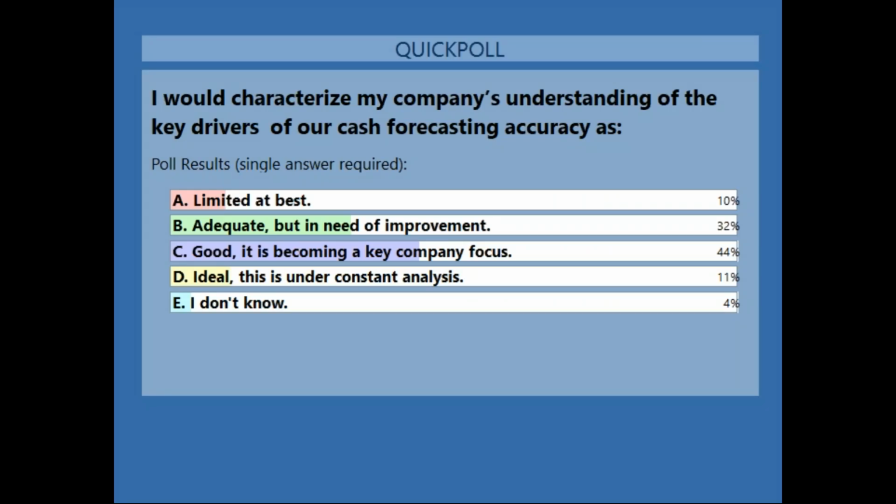And it's kind of what I expected given the results of the last polling question. On the upper end, we have 11% ideal. So we saw that we were in that range for the other parts, but good, right? That means you probably still have some blind spots and you need to work on those drivers. What we really need to be able to do is identify what those drivers are.